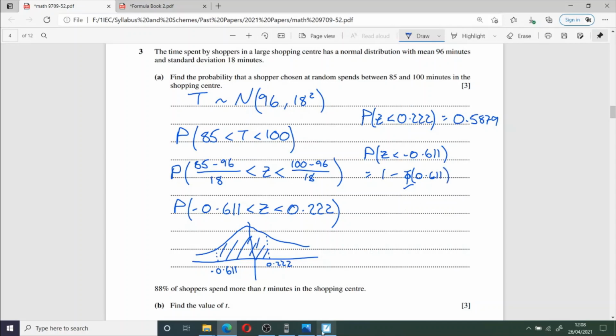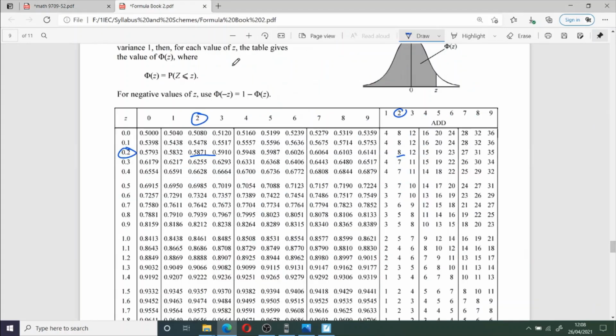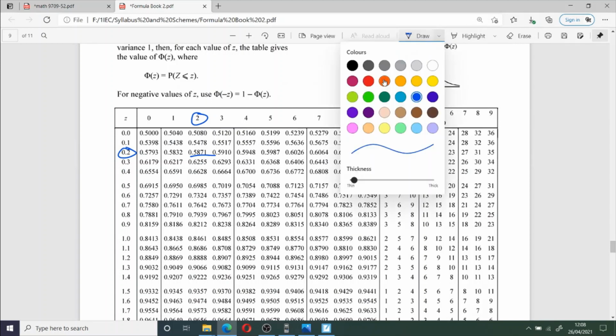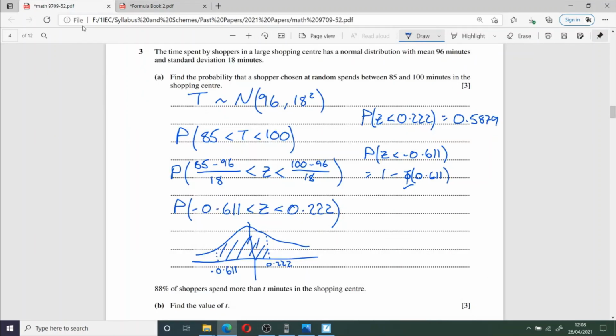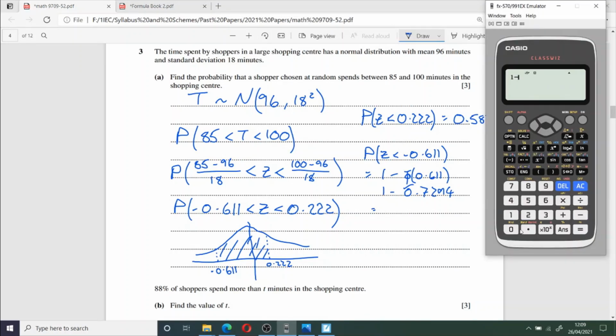So let's look that up on the table, 0.611 is there and there, so 0.7294. So 1 minus 0.7294, which is 0.2706.